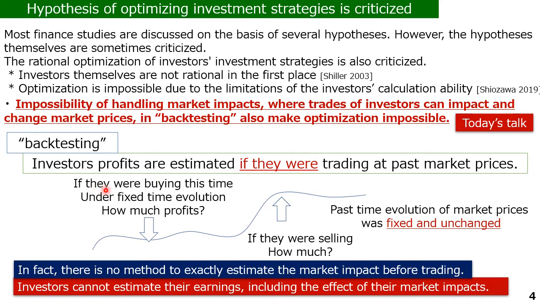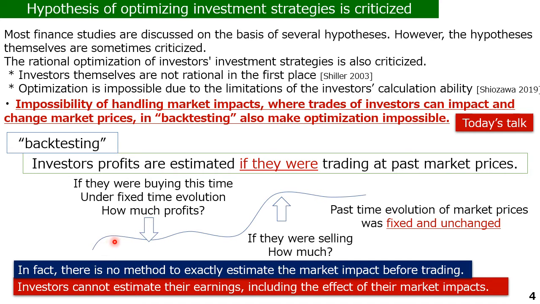Here, if they were buying at this time under fixed time evolution, in an actual financial market the trades impact market prices and market prices will be changed. But in backtesting, market prices are fixed.